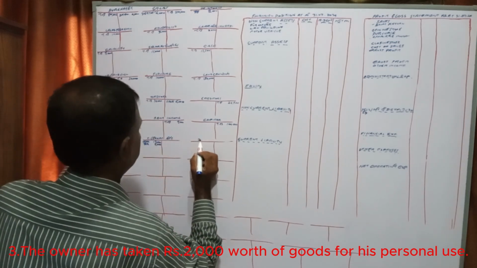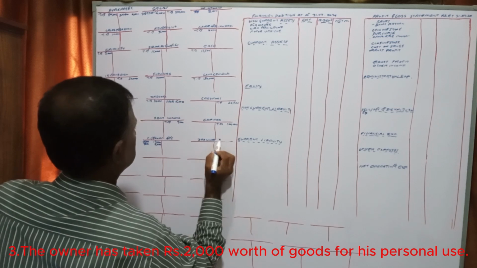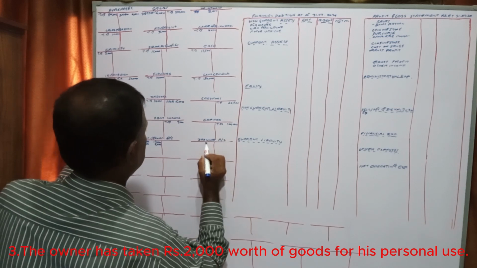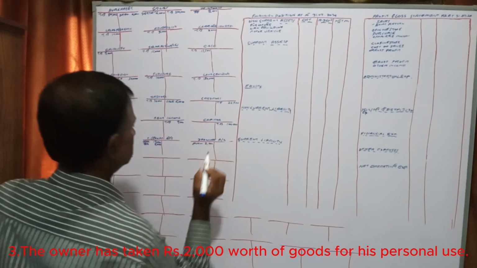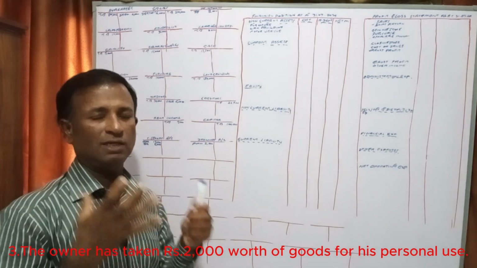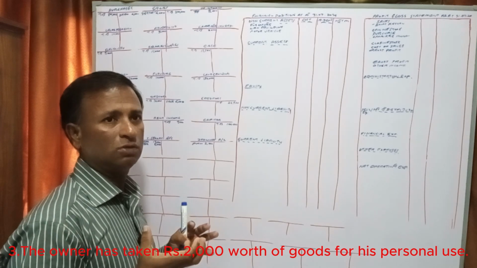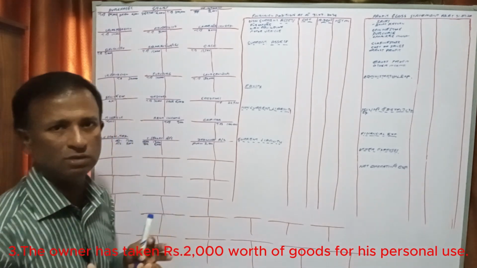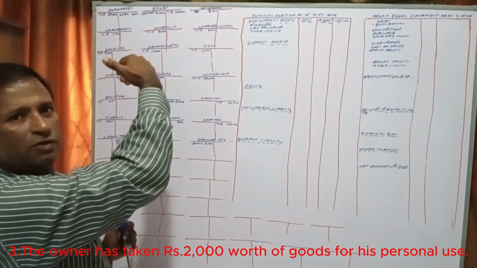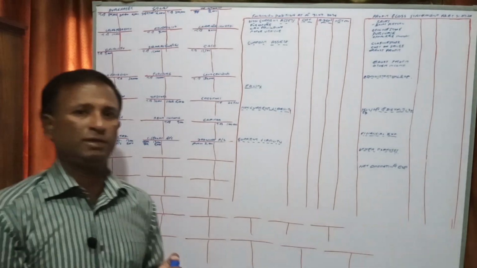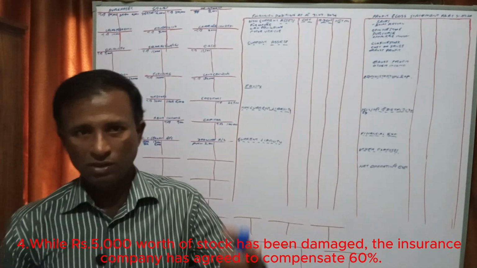Drawings account debited 2,000, purchases account credited. The proprietor has taken the goods for his personal use, so that is not a sale, that is a drawing. So drawing account debited and we are deducting from the purchase account, which is credited.